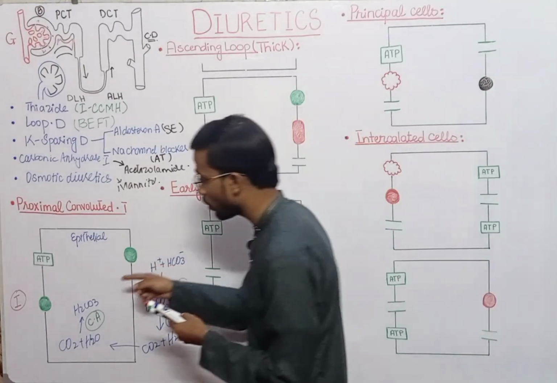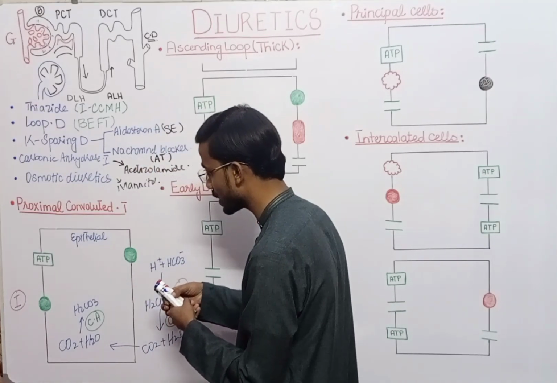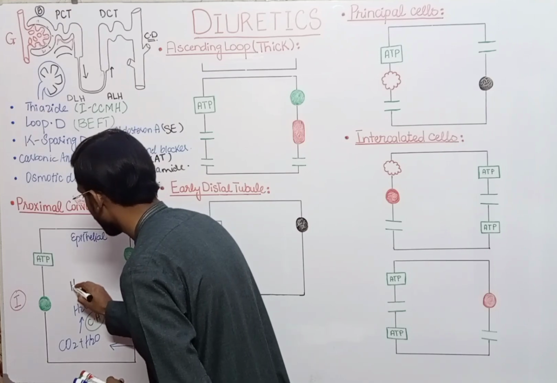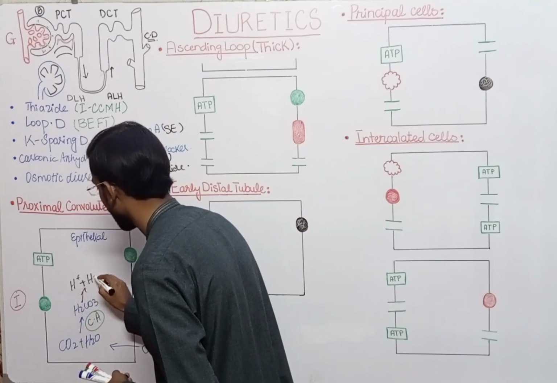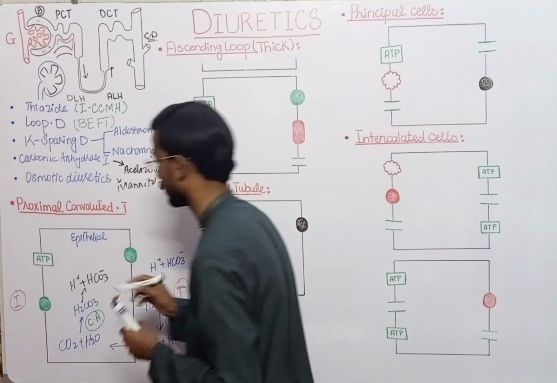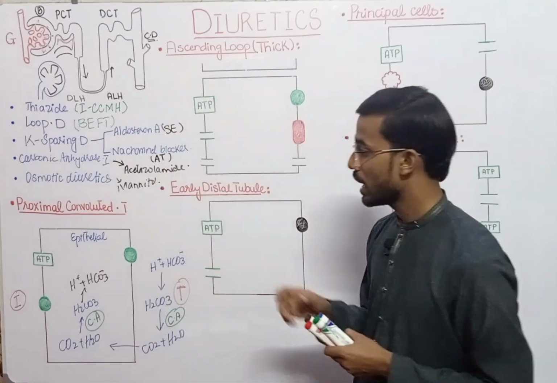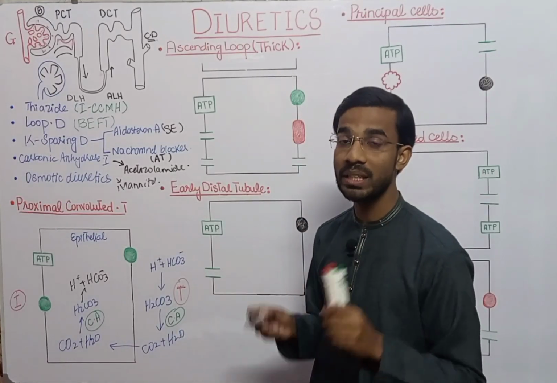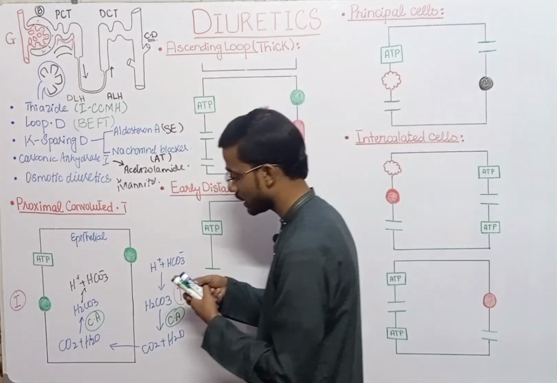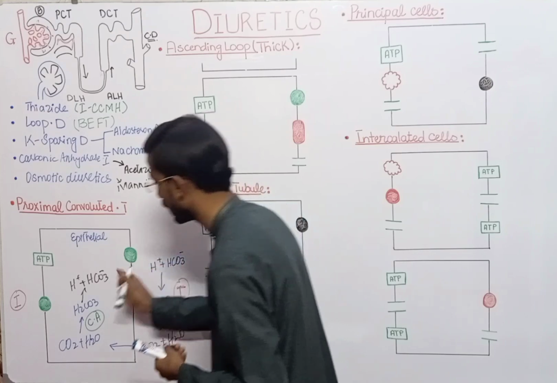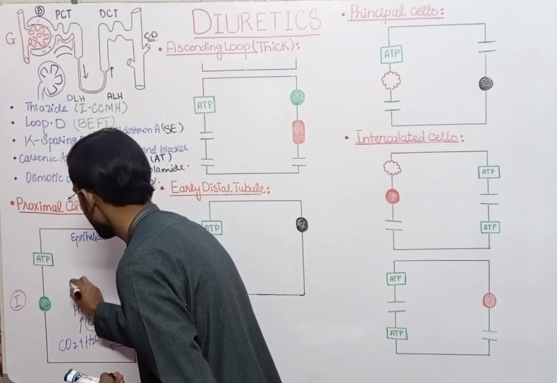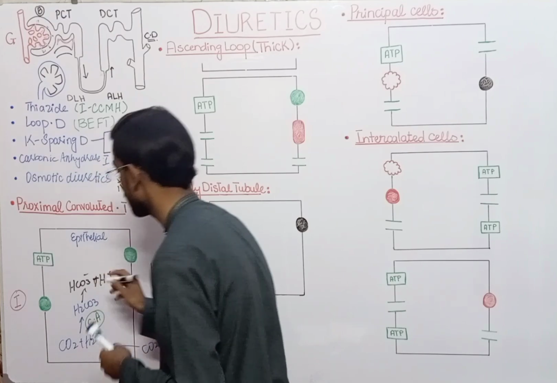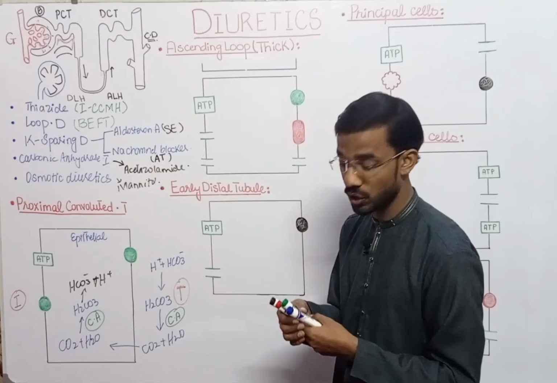Next, carbonic acid converts spontaneously into the hydrogen ion and the bicarbonate ion, HCO3 negative. Now these two ions move in different directions.